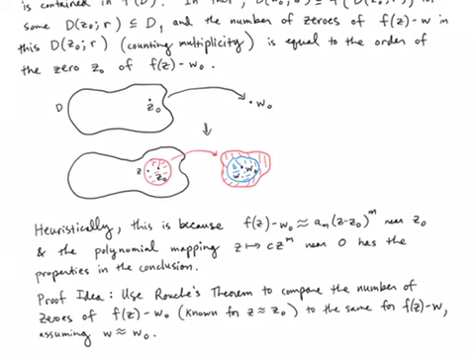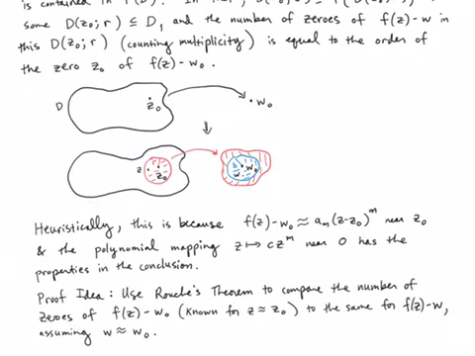It maps a disk around 0 in the domain to a disk around 0 in the range, and that mapping is m to 1 away from 0. So 0 is a zero of order m, and every point that's close to 0 in the range is getting hit m times. The inverse image of a point that's not 0 has m elements in it.